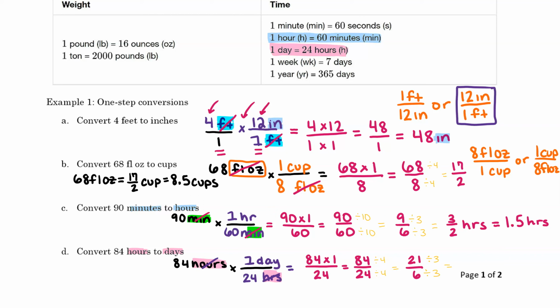So I have 7 over 2, and the unit which is left is days. So 7 half days, or 7/2 days. If we do that math to get a decimal, that would be 3.5 days.